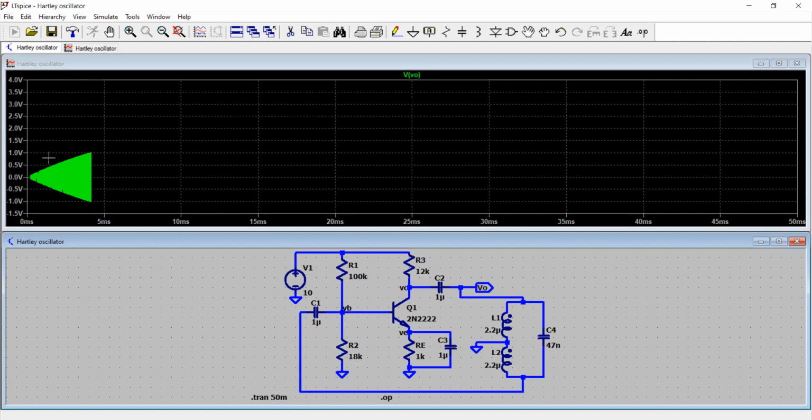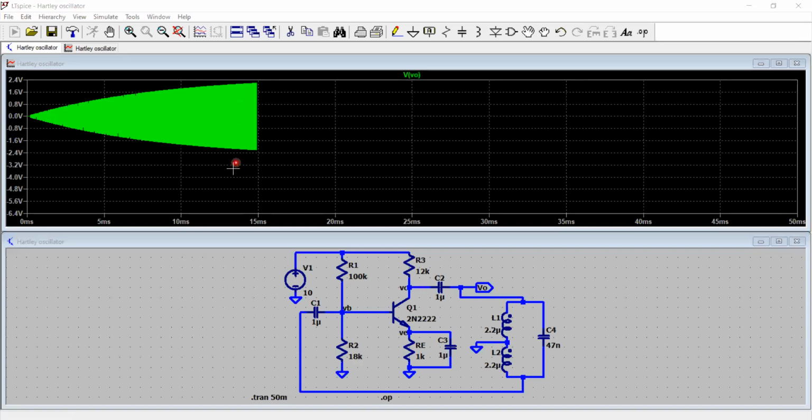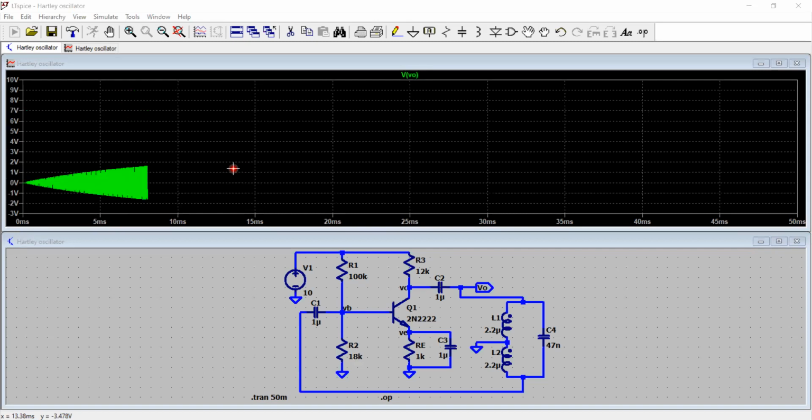It's starting approximately at 0 millisecond, and the oscillations are growing, growing, and you still have growing amplitude.